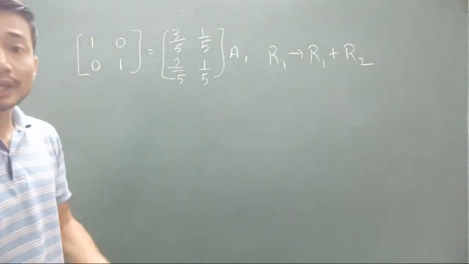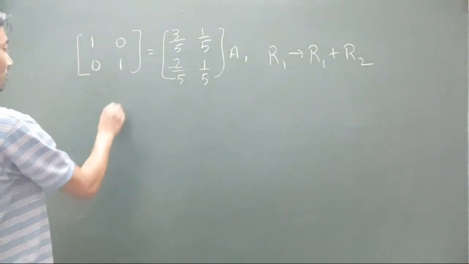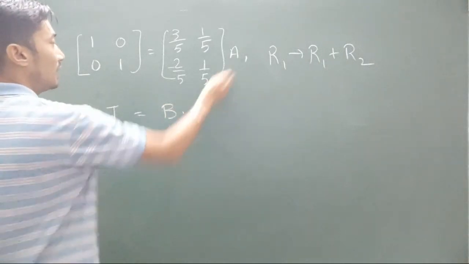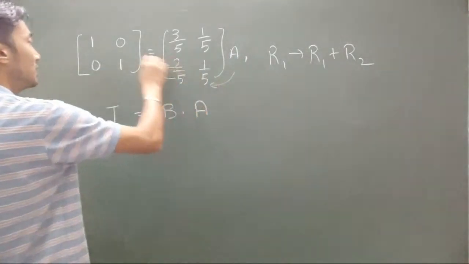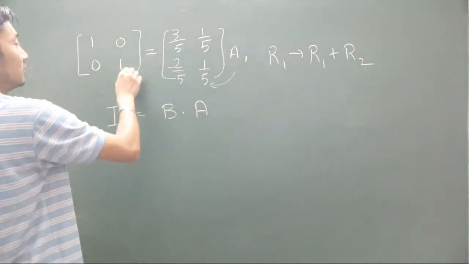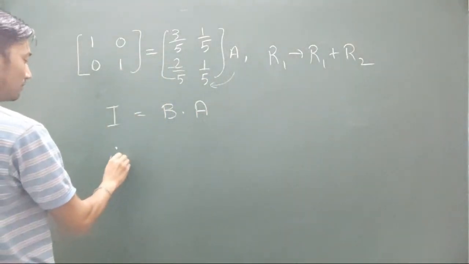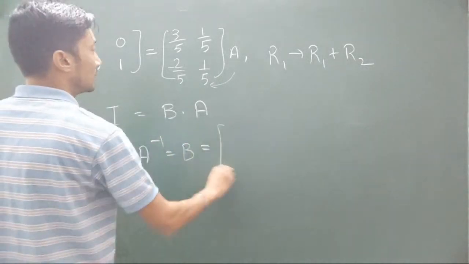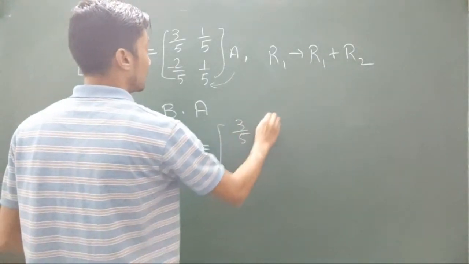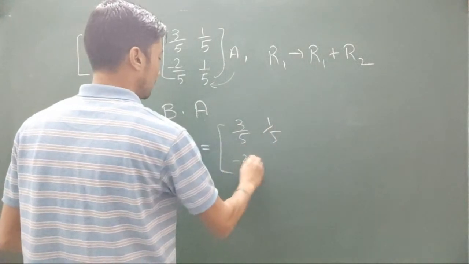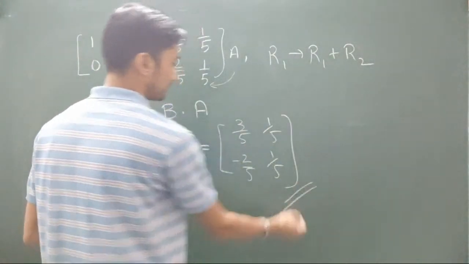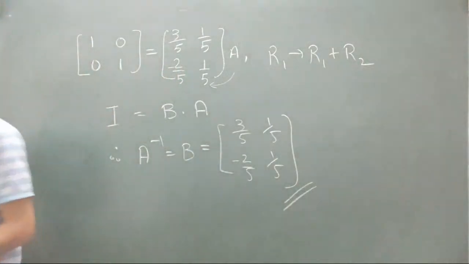Now convert to I. So this is now in the form of I equal to B into A. That means A into this matrix will give me an identity matrix. So therefore A inverse is this matrix B, that is 3 by 5, 1 by 5, minus 2 by 5, 1 by 5. That is the logic. That is the concept involved here.